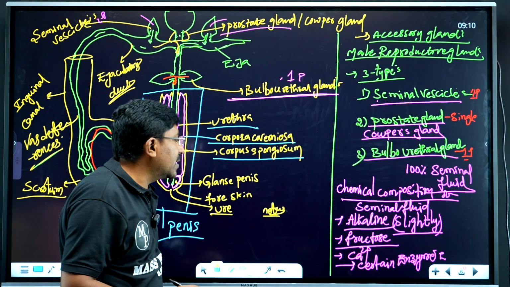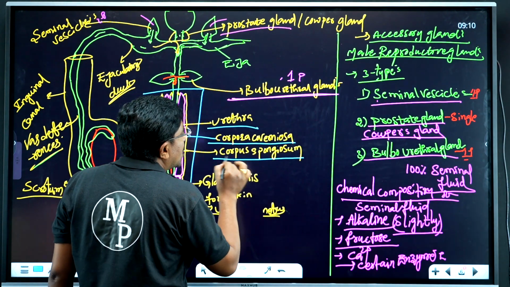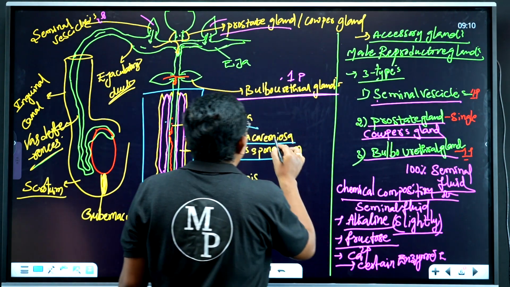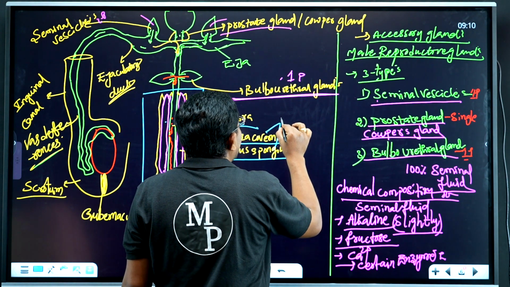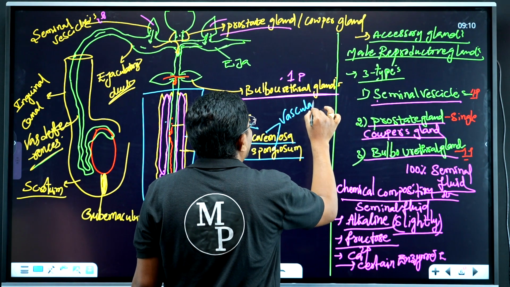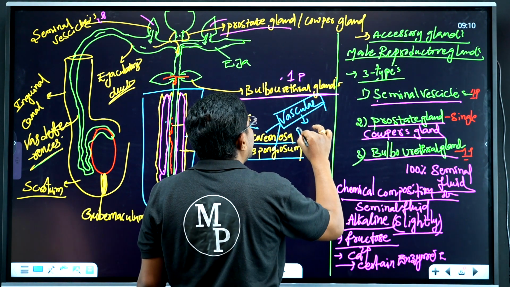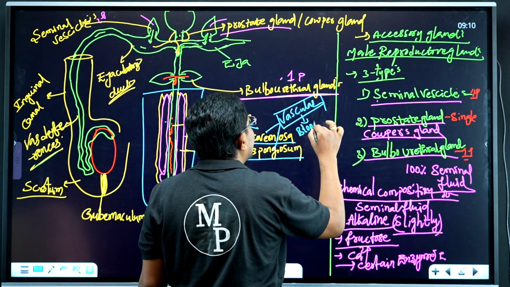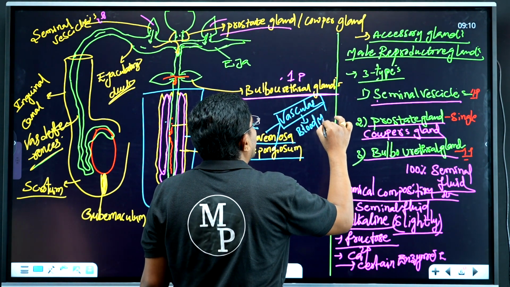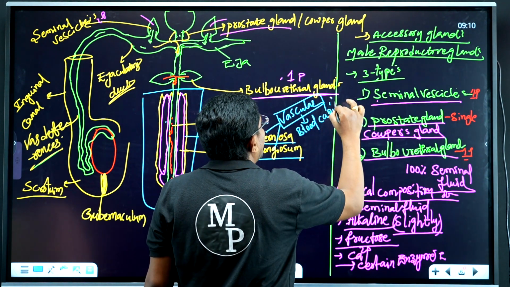Actually, the corpora cavernosa and corpus spongiosum are both highly vascularized. Highly vascularized means more blood vessels, more blood capillaries are there.